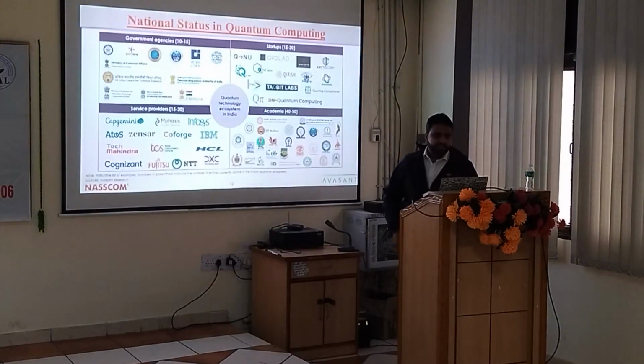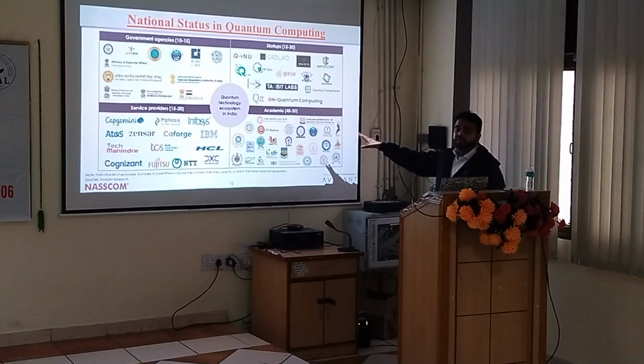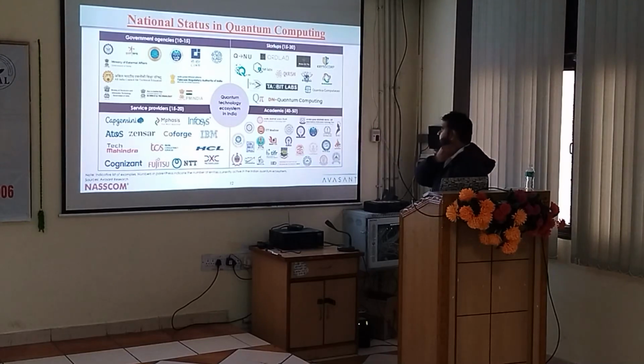And from the Indian perspective, we have government agencies, Ministry of External Affairs, C-DOT, telecom industries, then startups that are focused on quantum computing. In academia, different institutions either have labs in their institutes or have quantum courses in their curriculum. So these are the different institutes that are there.